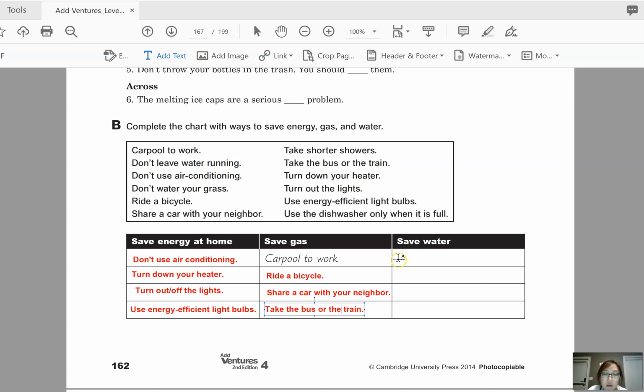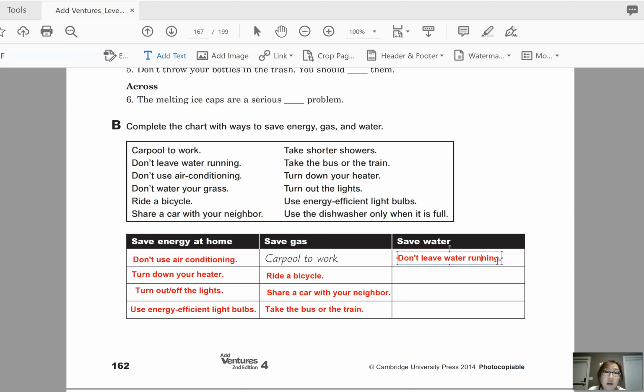Okay, and then save water. Don't leave water running. In this case the phrase water running means on, like don't leave water on. And run is used in so many ways.